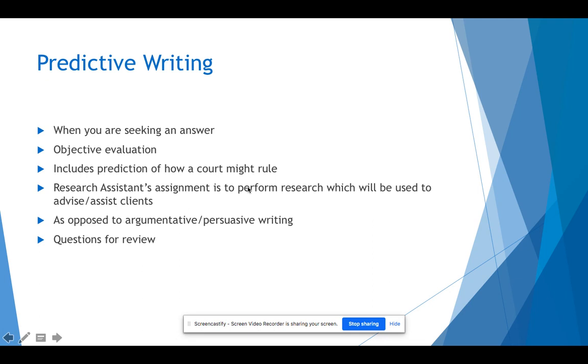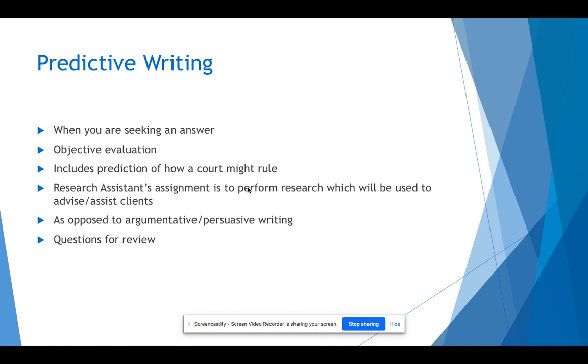Okay, so when do you use a predictive writing? When you want an objective evaluation, when you just want an answer to the question. You're going to say, well, courts usually rule this way or they usually rule that way. It might also come up with more questions, either factual research or different, as you're writing it.